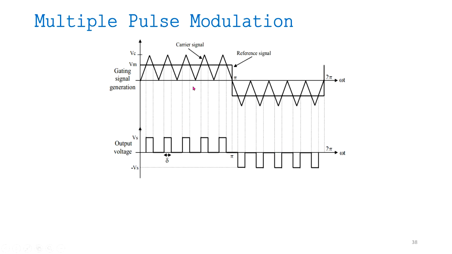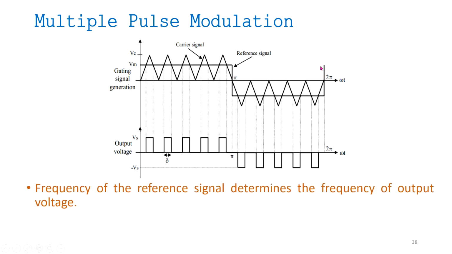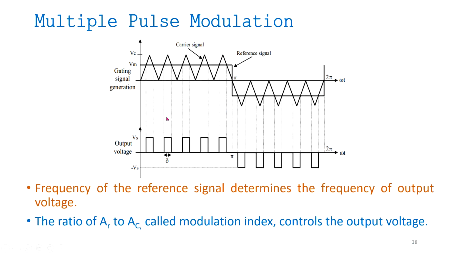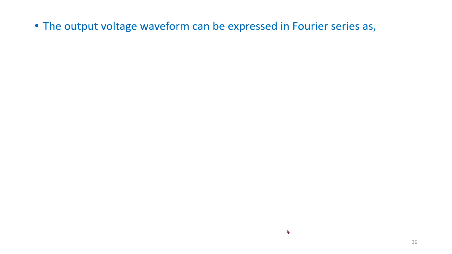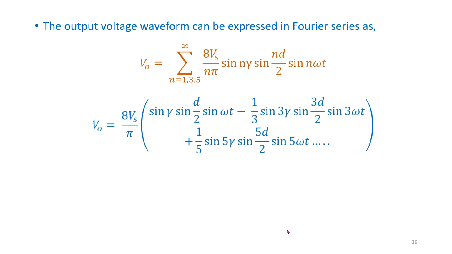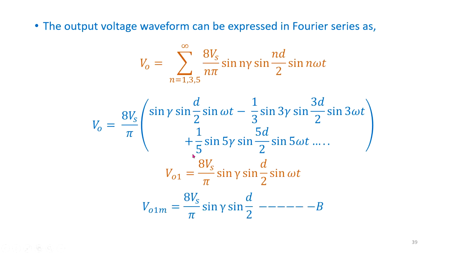You can see here, and the frequency of the reference signal determines the frequency of the output voltage. The ratio is called the modulation index, and it will control the output voltage. In this case, the output voltage can be expressed in this form, and more generalized if you open up this summation. And this is the first harmonic.